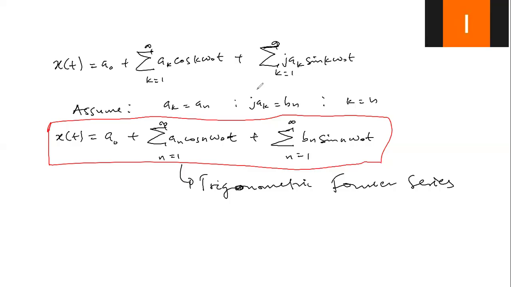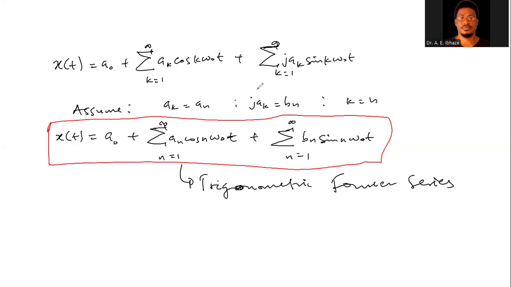Okay, go ahead. Are you trying to say that if you get a sub k, you can impute it into j a sub k and you get your b sub n? Since j a sub k is equal to b sub n, if you get the value of a sub k, you can use it to get b sub n.